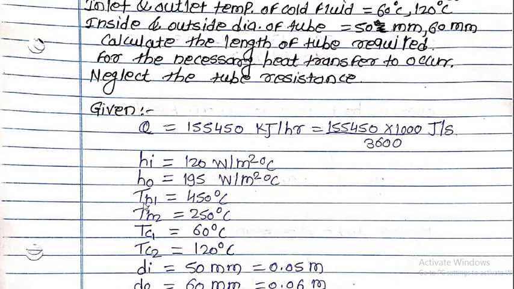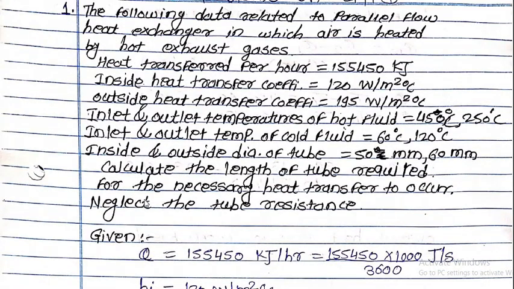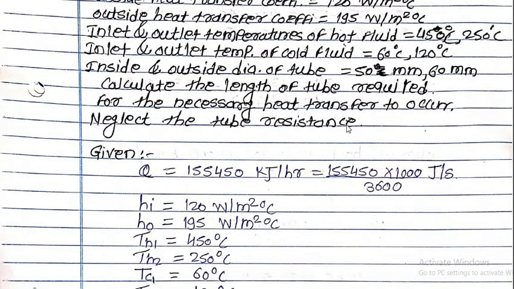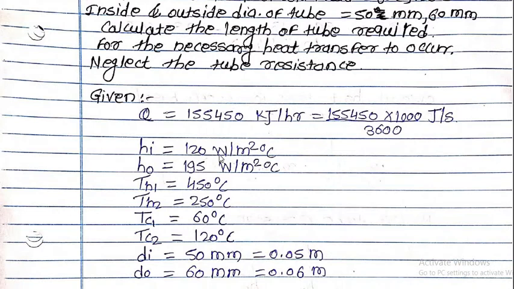Then the exhaust gas inlet and outlet temperatures of the hot fluid are provided as 450 and 250. Therefore, TH1 is equal to 450 degrees Celsius and TH2 is equal to 250 degrees Celsius. Also, the air inlet and outlet temperatures, that is the cold fluid temperatures, are provided. So TC1 is equal to 60 degrees Celsius, the inlet temperature, and TC2 is equal to 120 degrees Celsius.